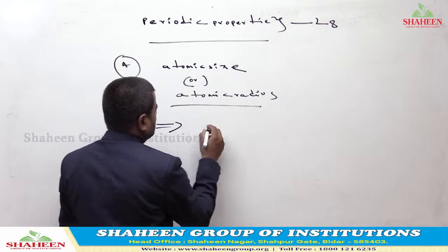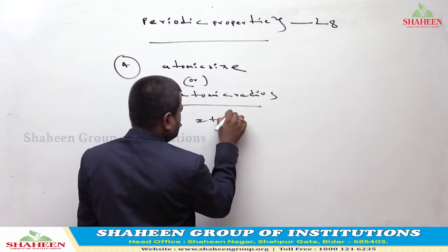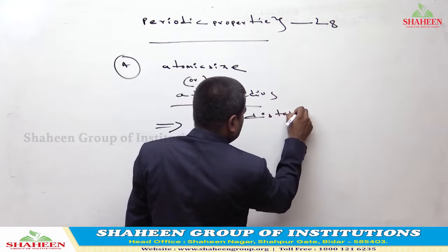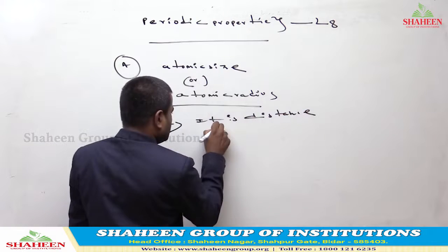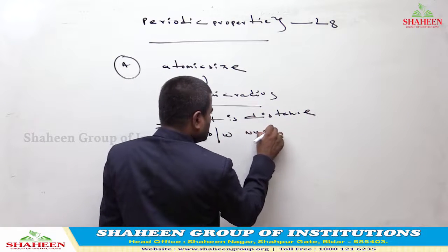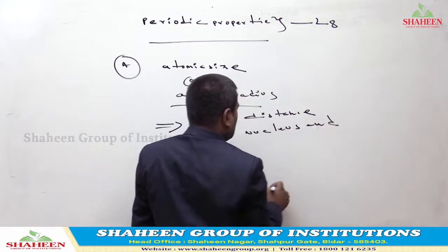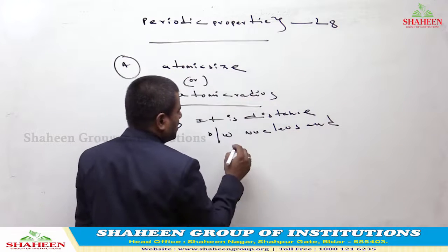Atomic radius is the distance between the nucleus and the outermost orbit of an electron.